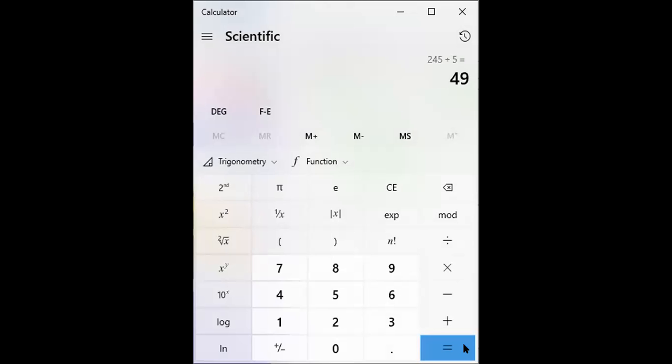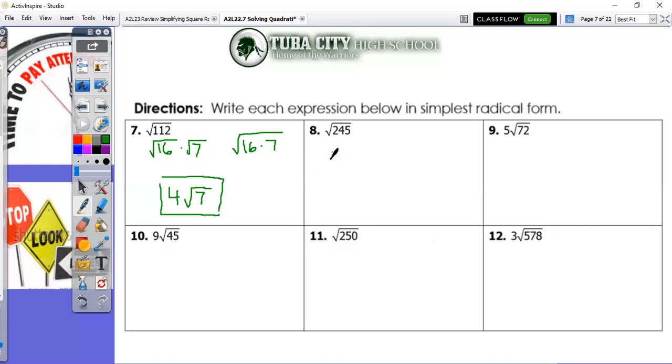We got it. Sometimes you can just sort of luck into these, but we know that 49 is a square number, so let's go ahead and use 5 and 49. 5 times 49. Now I'm going to put 49 first, like that.